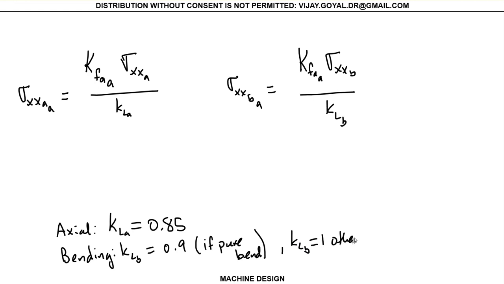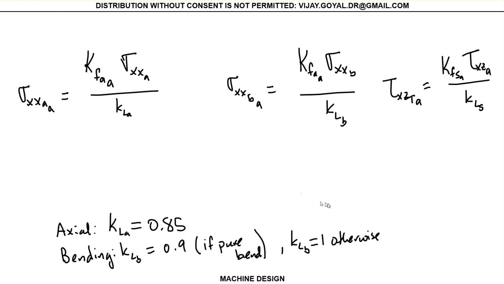KLB equal to 1 otherwise. Okay? Now, for the case for your shear, right, in torsion, let me put T, and then the shear, alternate. This will give you KFS alternate, and this gives you tau XZ alternate divided by KLS.